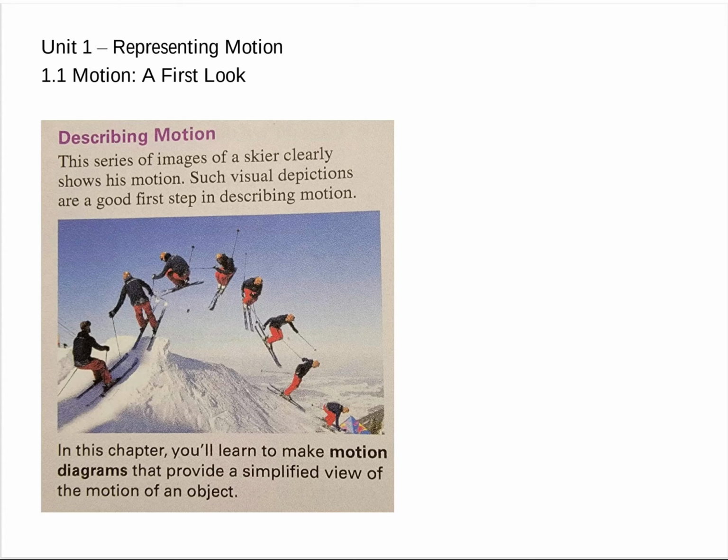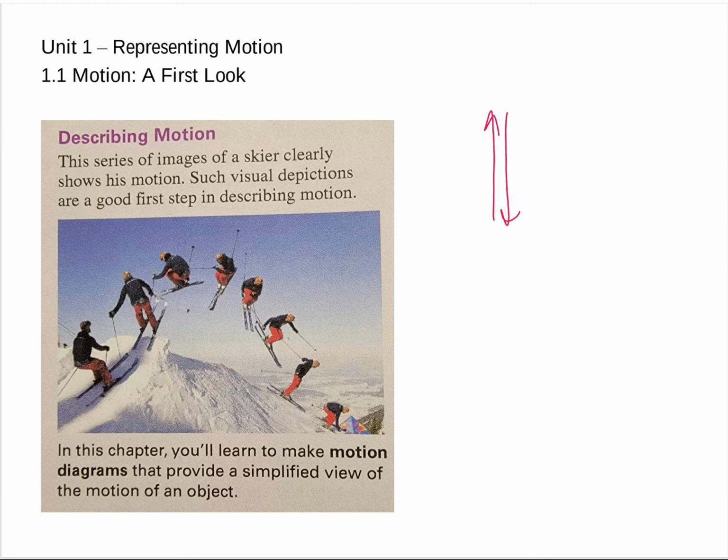Okay? And also, so we have up and down, we have rotation, and also one more thing. Acceleration, deceleration. Okay, so we have the skier went up and then down.